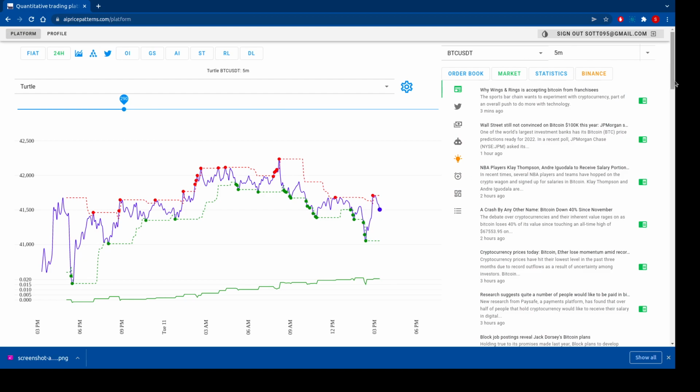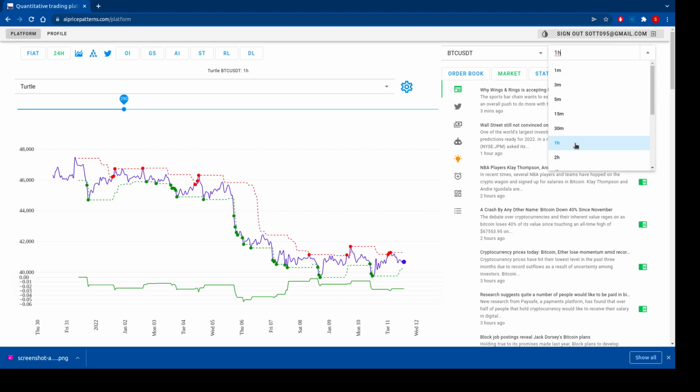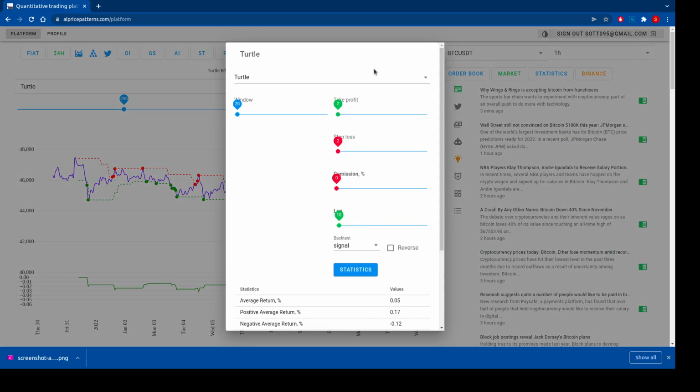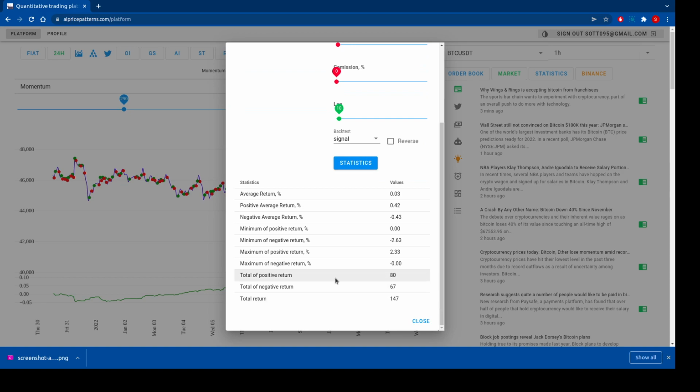If you talk about intraday trading, let's see, for example, statistics about 1 hour. Let's check from sequences, momentum. Let's see from 1 hour sequences, and let's check. Okay, we have some total positive return.